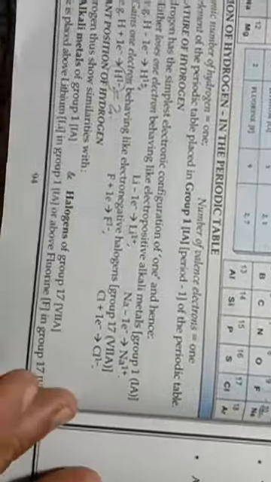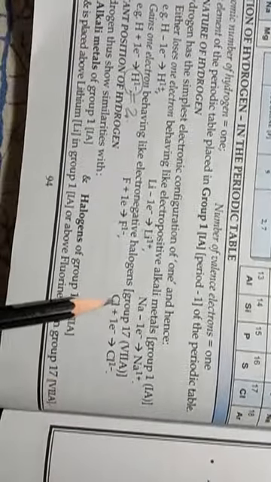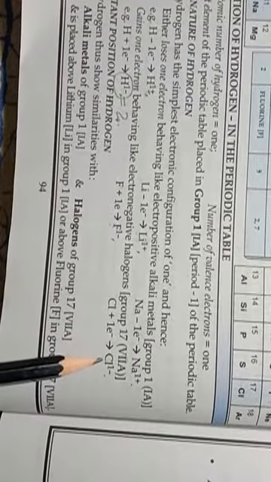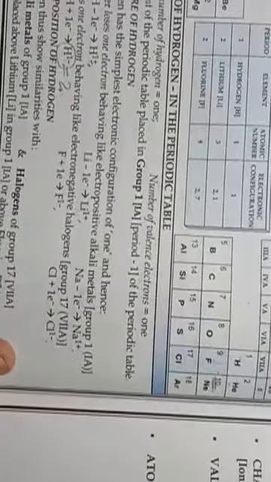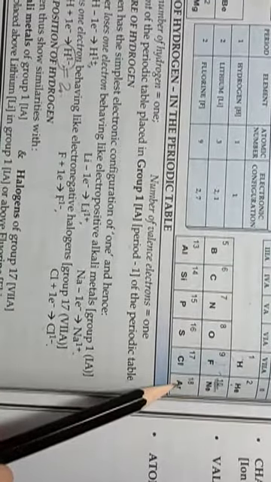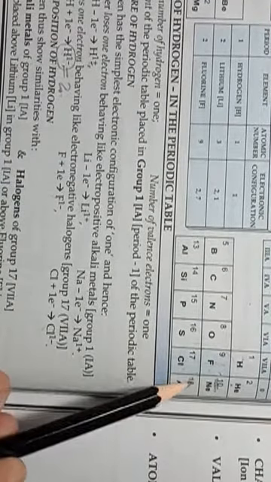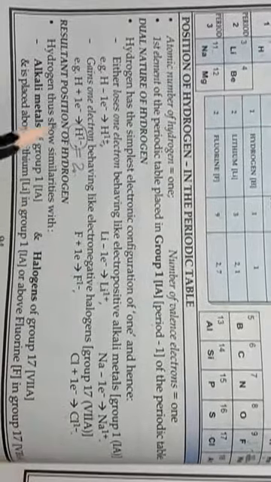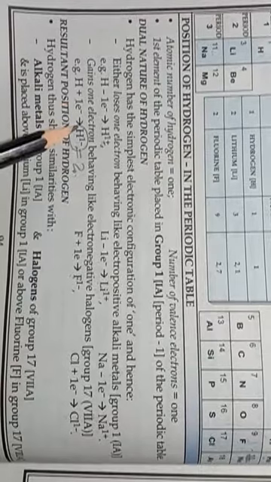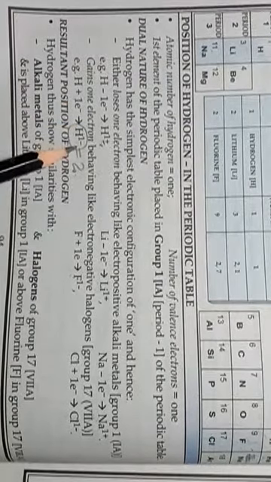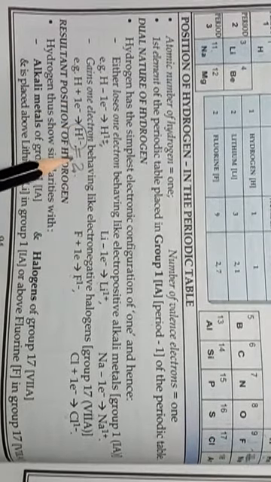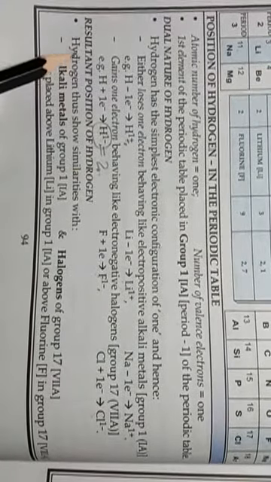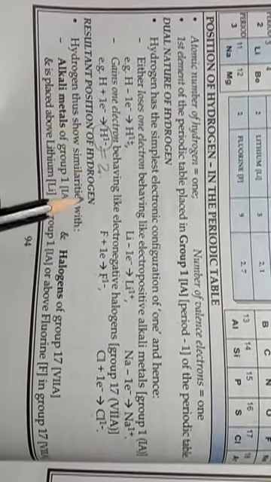In the same way chlorine, after gaining one electron, converts itself into chloride ion and achieves the configuration of the nearest noble gas argon, 18 electrons. So like halogens, hydrogen after gaining one electron completes its duplet condition. Then resultant position of hydrogen.